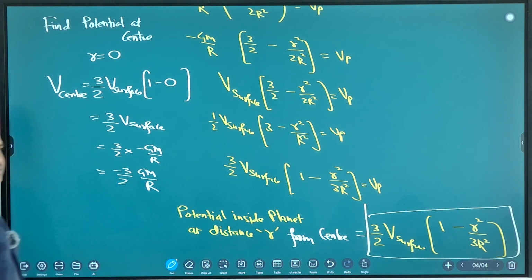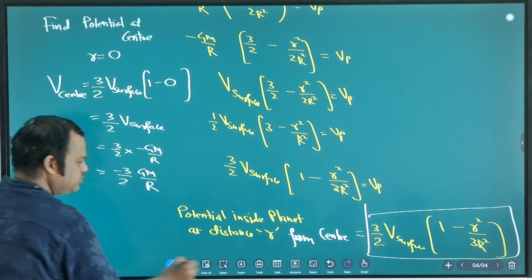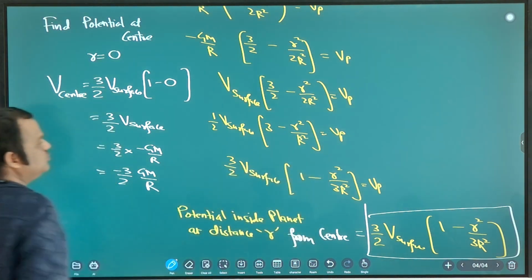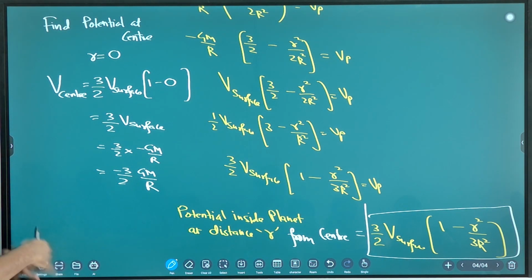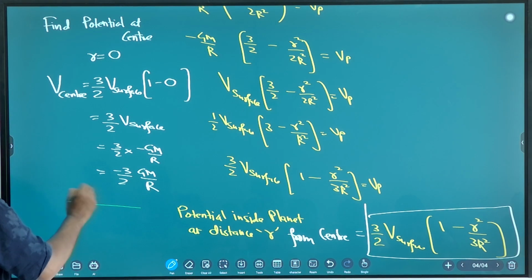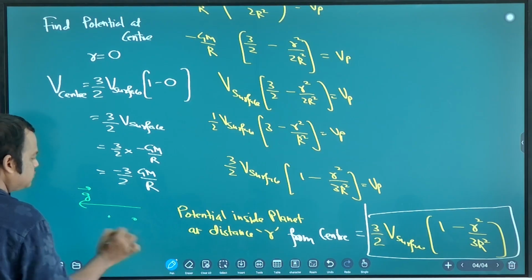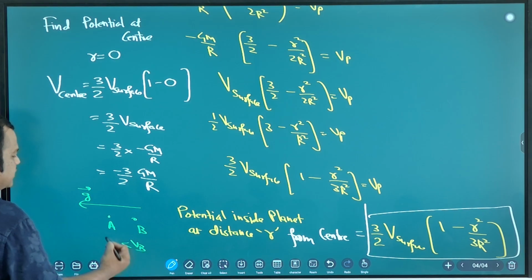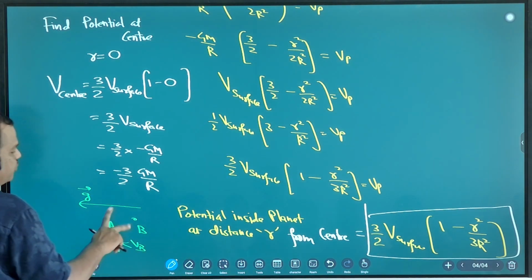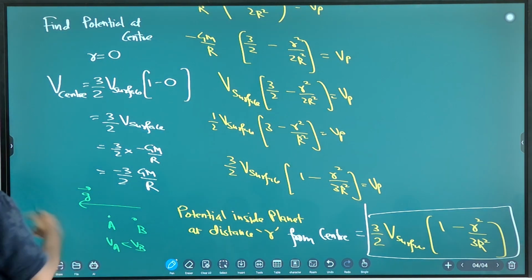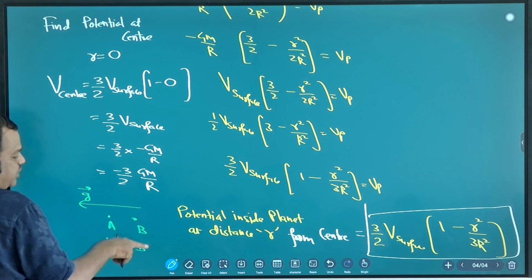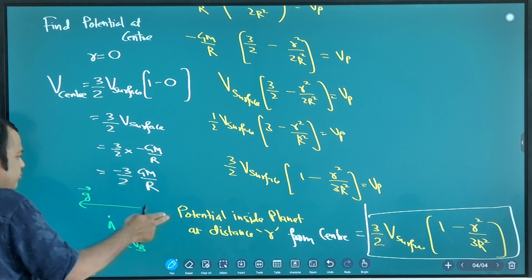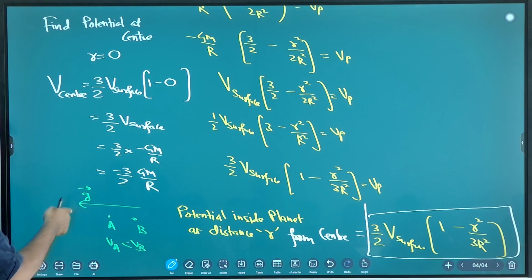Note down. So regarding potential, you just remember a few points. If field is leftward, so VB is greater than VA. Two points are there. Field is left side, so B has greater potential. If you are moving like this, you are going from high potential to low potential.